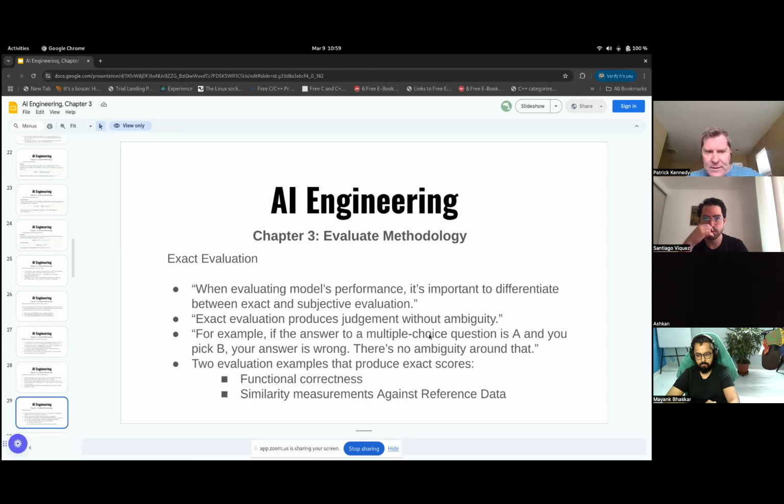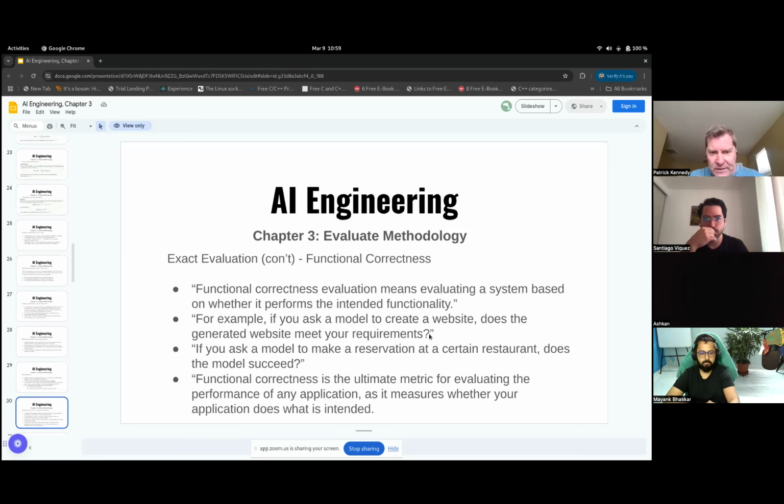And then we'll be talking about different ideas in terms of subjective evaluation. It's very interesting, and you have to master all these different ideas because this is the way you're going to evaluate your model. And there will be trade-offs at every step. So now, exact evaluation, functional correctness. Go ahead.